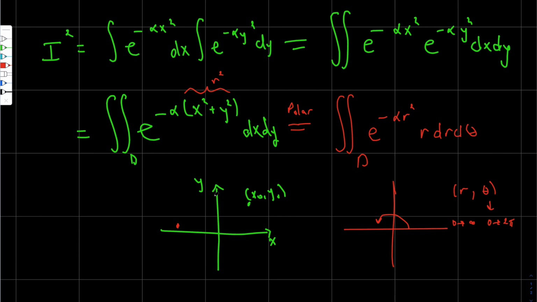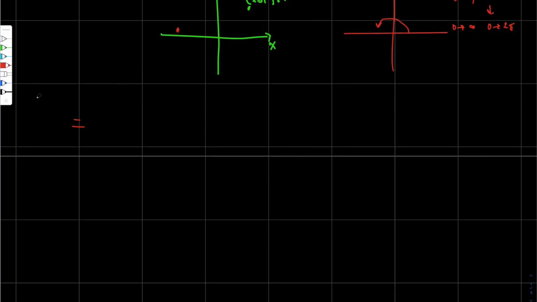And if I want to go from xy to r theta, I have to consider how this coordinate system describes points. So now to write our integral, we can set it up by realizing theta can only go from 0 to 2 pi, and that's the whole domain of theta. And r goes from 0 to infinity, and that's the whole domain of r. We've now transformed our integral from the dx dy world to the dr d theta world.